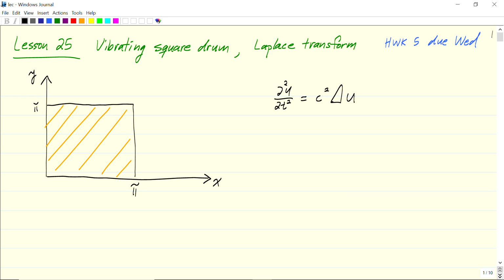And we would have that u of xy is pinned down on the drum frame, so that means u of xy equals 0 on the frame. Okay, so that's the problem. Today I'm going to take c equal to 1 just so I have less to write.